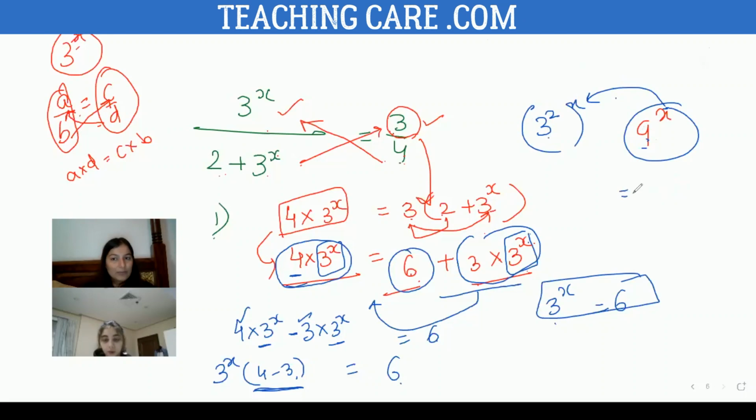When this 2 and x are multiplied, it will become 3 raised to power 2x. Can we also write it in this form, x inside and 2 outside? All are same. We discussed this in the last class. So in place of this 3 raised to power x, what can I write?